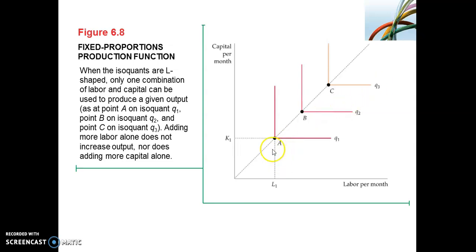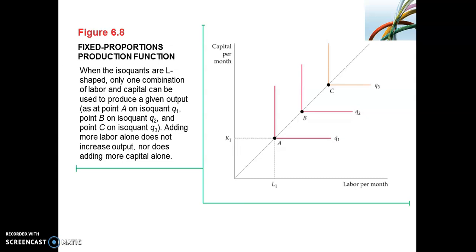So if we look at point A, the combination used of your inputs, labor, and capital is L1 and K1. So if we want to move to a higher isoquant, Q2 or Q3 respectively, for that higher output, it can only occur if labor and capital are both added in fixed proportions.